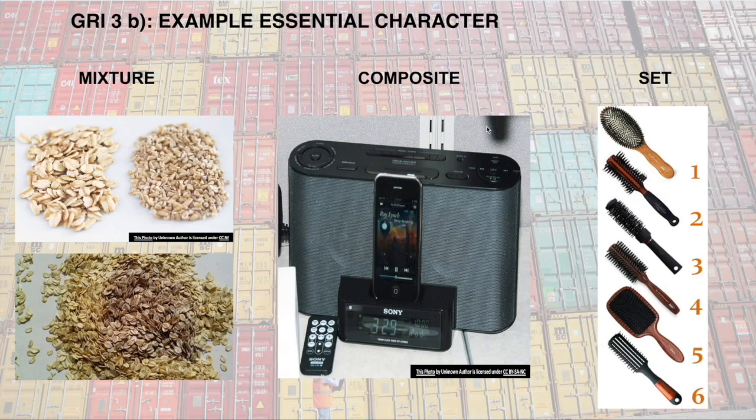There are cases when the mixture is very hard to separate. These are mixtures. So let's see now a composite. In this composite example, in the middle of the slide, the merchandise is a combined wireless charging projection alarm clock, for example.